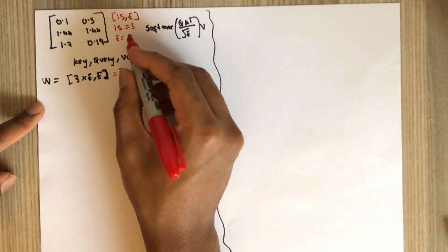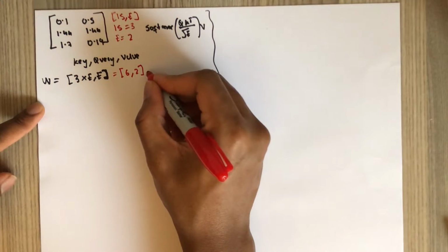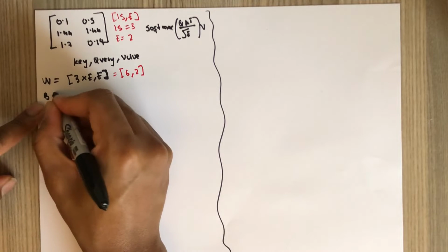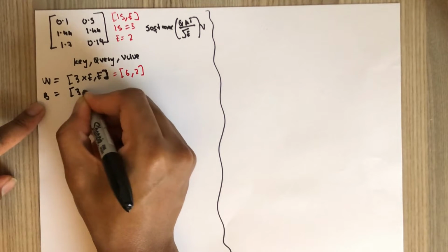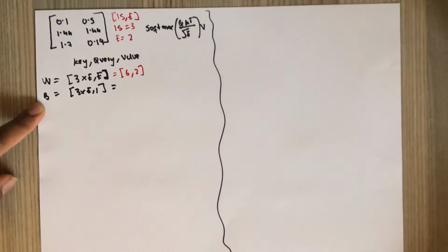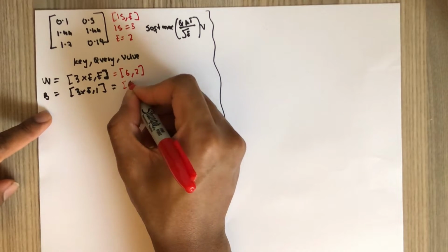So 3 times E is 6, by E. And PyTorch also creates a bias of dimension 3 times E by 1, and in this case it is 6 by 1.